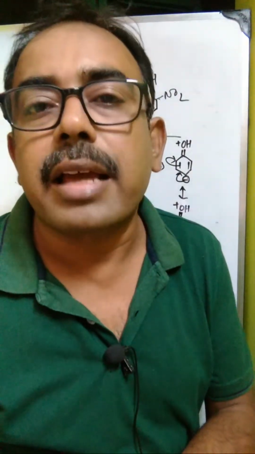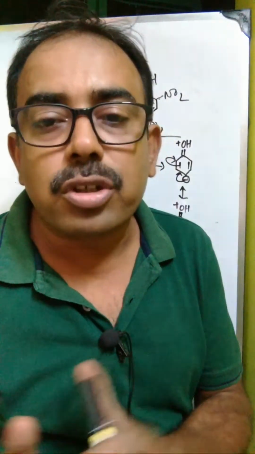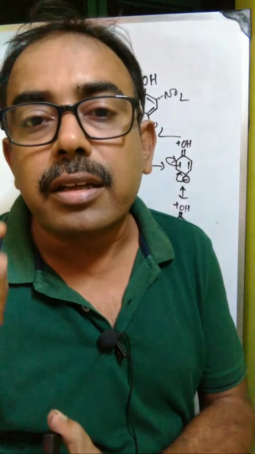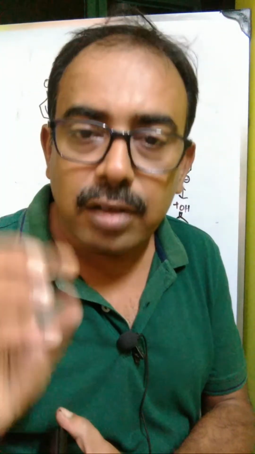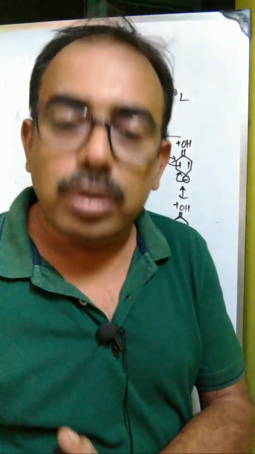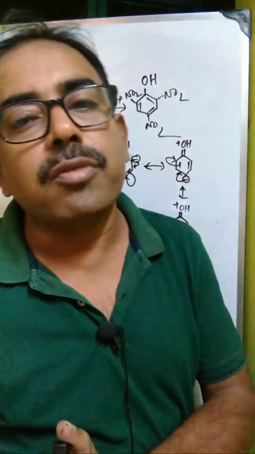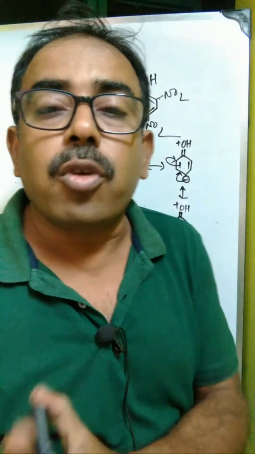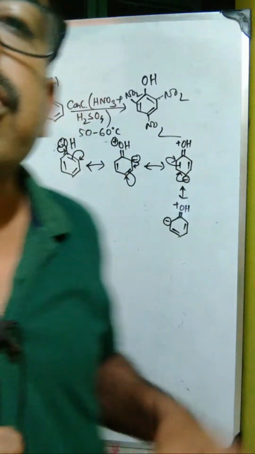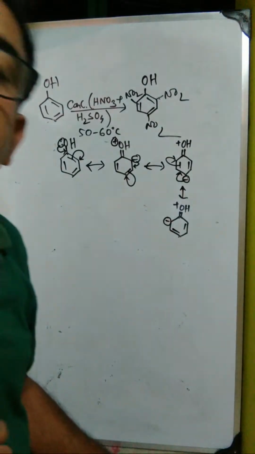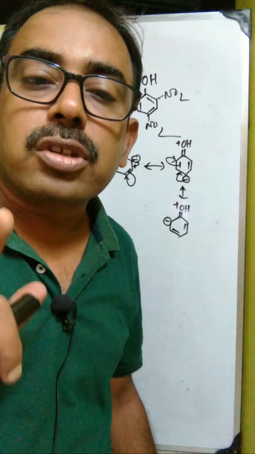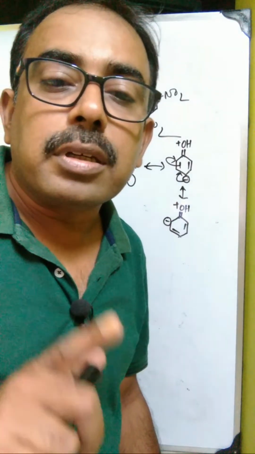Every person has different forms and is a mixture of all those forms. One cannot identify a single person with a single form. Molecules also have different forms and they exist with all those forms. So phenol exists in all these resonating structures. Where there is phenol, all the resonating structures must be there.